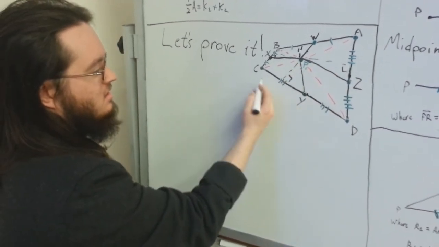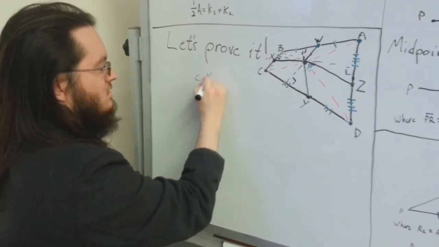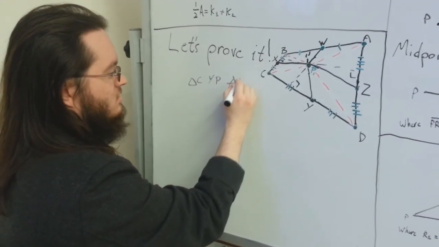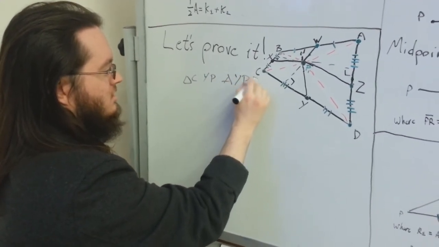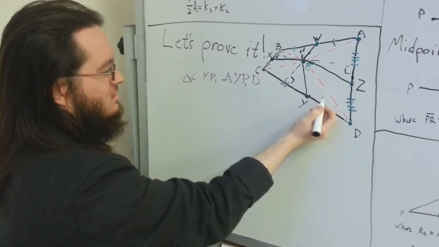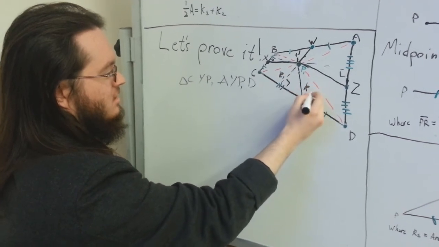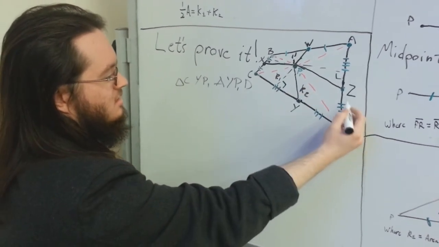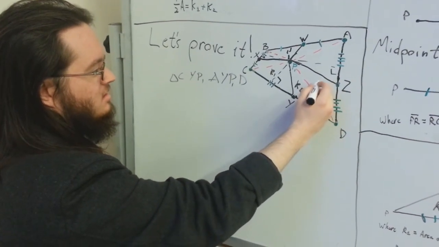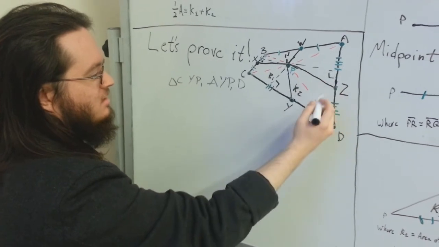Because of this, that means the triangles CYP and YPD are going to have equal areas. Call them K1, K2. The triangle DPZ will be equal to the area of triangle PZA.